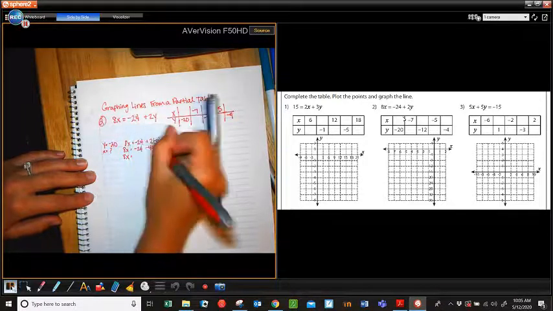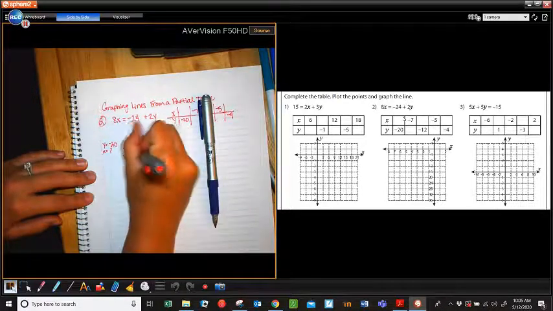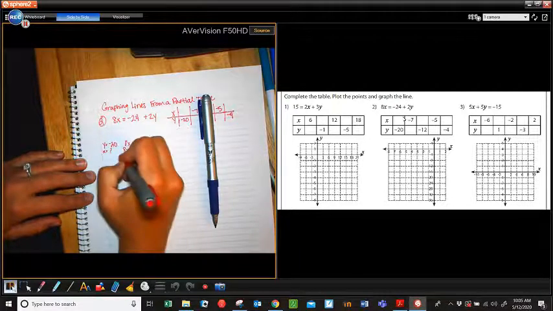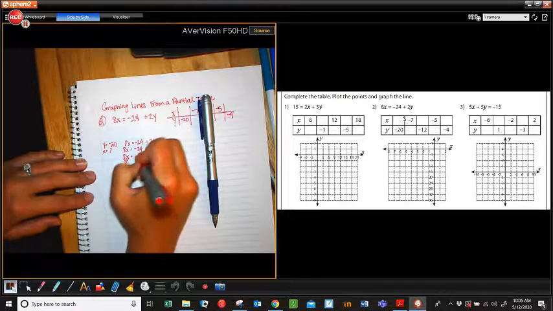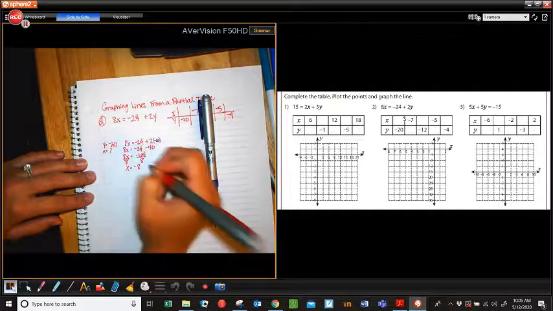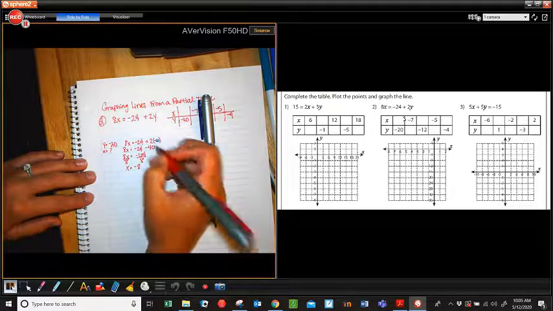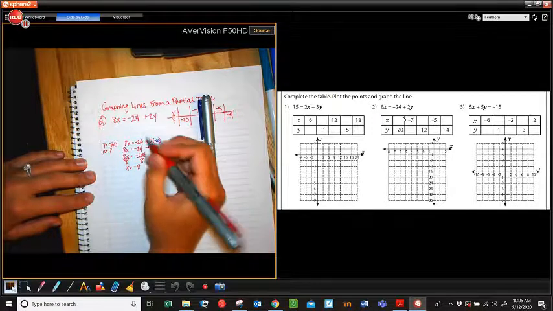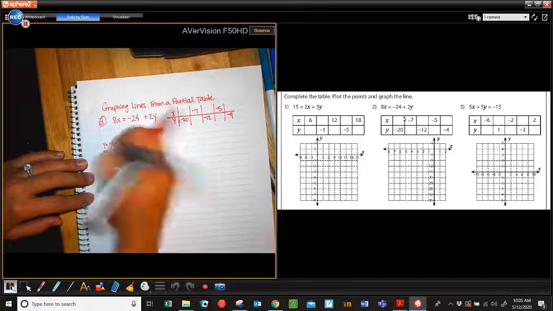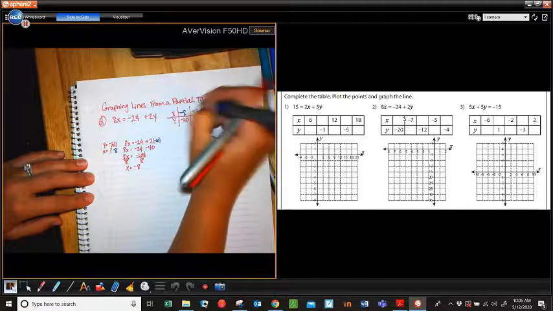So negative 24 minus 40 would be negative 64. And then we're going to divide by 8 on both sides to finally find out that x is negative 8. 8 goes into 64 8 times, and it's a negative divided by a positive. So x is negative 8. I'm going to fill my chart in.